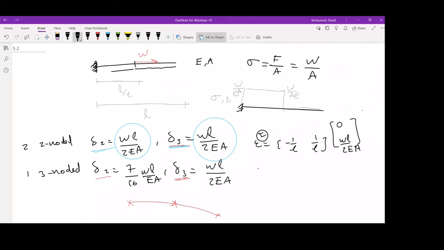I'm just going to multiply it. WL over 2EA multiplied by 1 over L. The L is going to cancel with the L, so you'll be left with W over 2EA. So this is the strain you have in the first element.